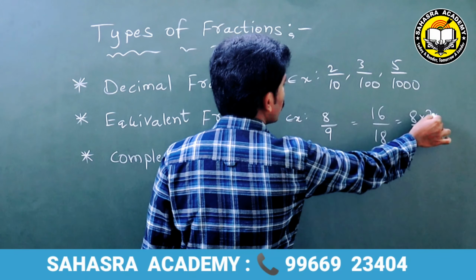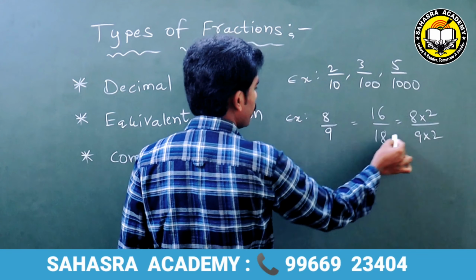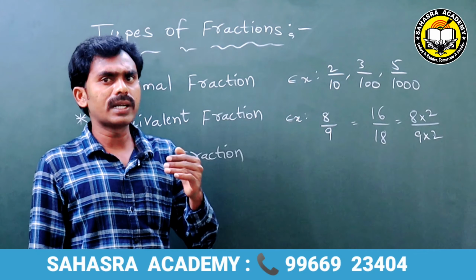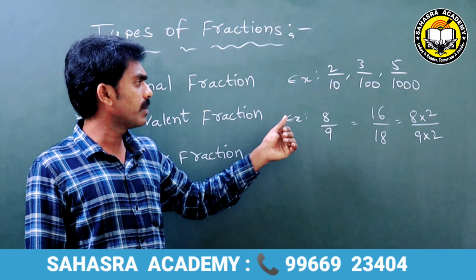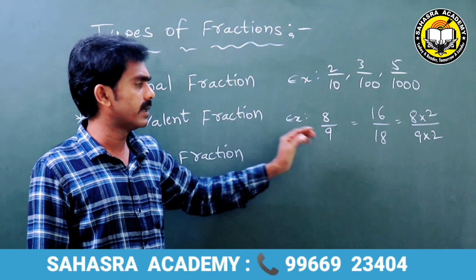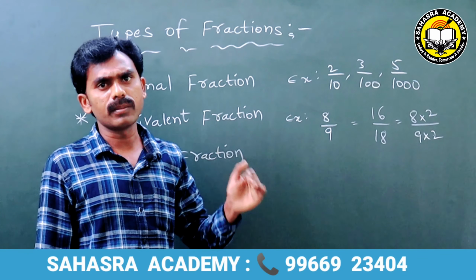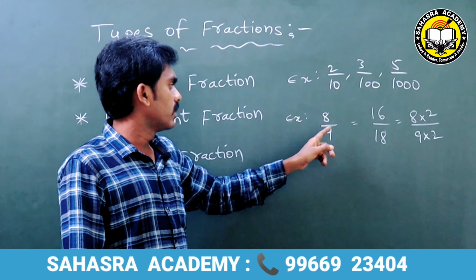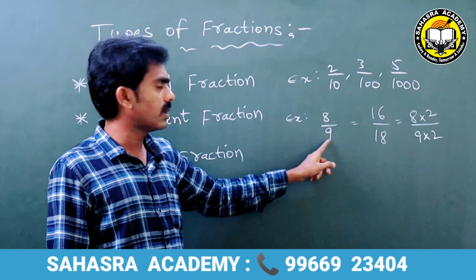So I got 8 2s are 16, 9 2s are 18. When the numerator and denominator are multiplied or divided by the same number, we will get an equivalent fraction of it. So here 16 by 18 is the equivalent fraction of 8 by 9.